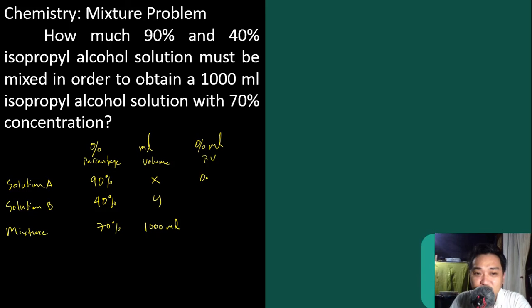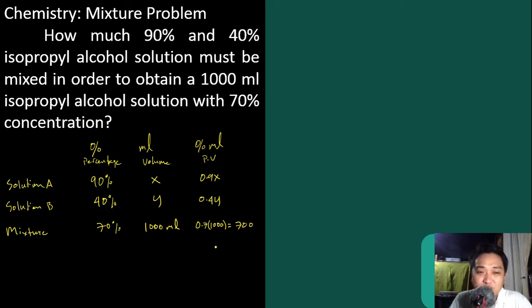So we have 0.9 X. Dito naman we have 0.4 Y. And here let us multiply 0.7 times 1,000 ml, that is also equivalent to 700 ml. Ayan. So, ngayon nakuha na natin yung datos na kailangan natin.